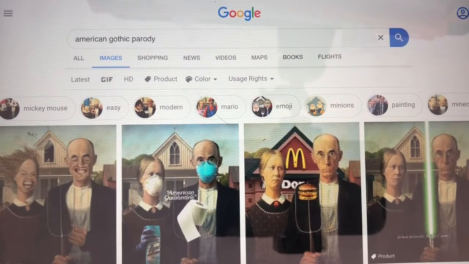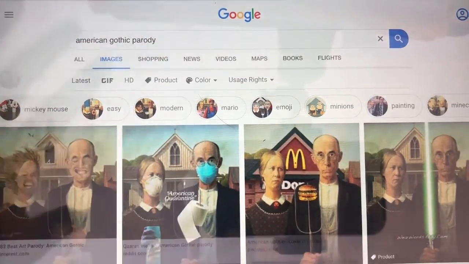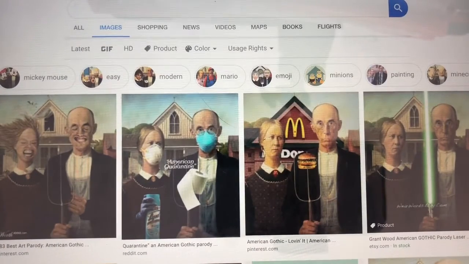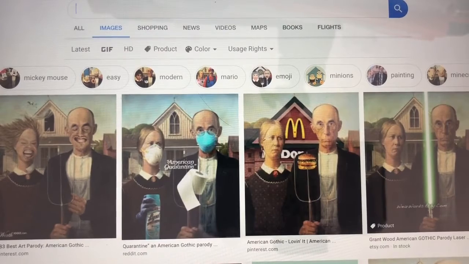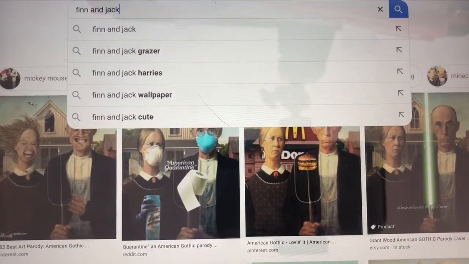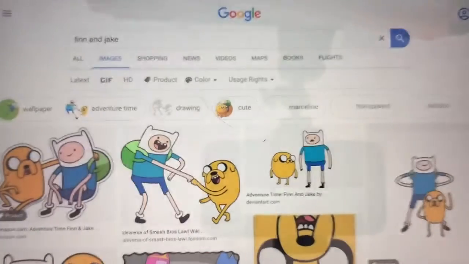Let's say that your favorite TV show is, I'm trying to think right now. Maybe you want Finn and Jake in there because you really like Adventure Time.